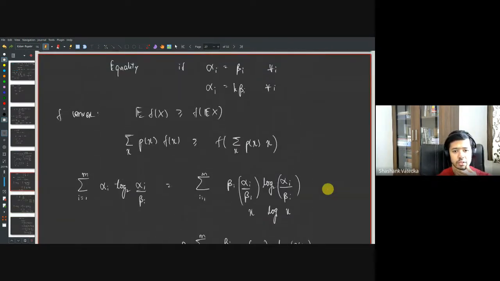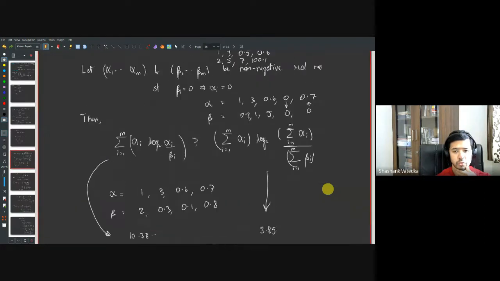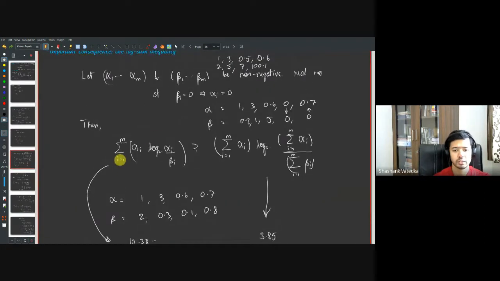Okay, so maybe let us quickly go through this once again. What did we want to prove? We wanted to prove that summation over i of alpha i log alpha i by beta i is greater than or equal to summation over i of alpha i log summation over i of alpha i by summation over i of beta i. And the trick we used was to use Jensen's inequality on x log x. So I first bring this to the form expectation of x log x.